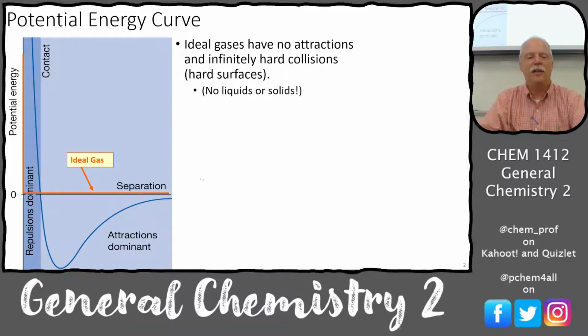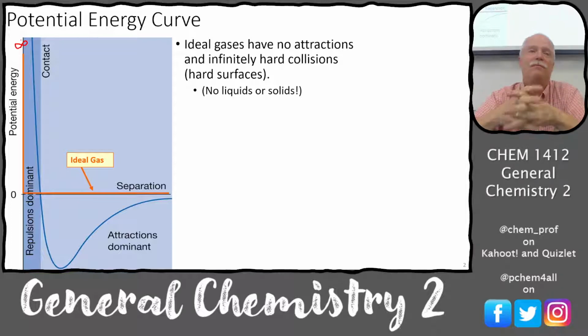of potential energy curve. So it has 0 potential energy between the two particles, no attractions, no repulsions, until they hit, and it goes to infinity. So no matter how hard they hit, they're going to bounce off of each other. So we don't have fusion either. So an ideal gas is kind of like the perfect situation if you want everything to stay a gas.